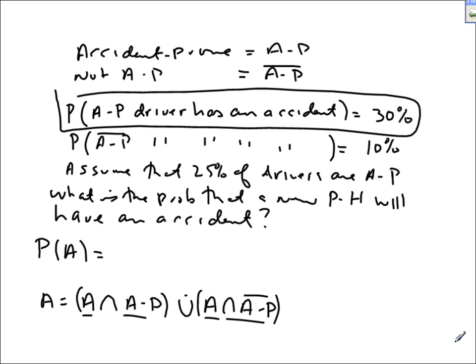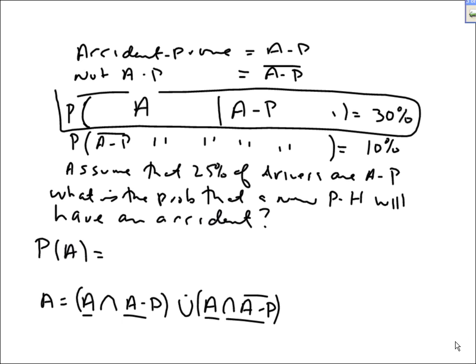The probability that an accident-prone driver has an accident is 30%. So you are given that you are accident-prone. A for accident. The probability that you have an accident, given that you are accident-prone, is 30%.